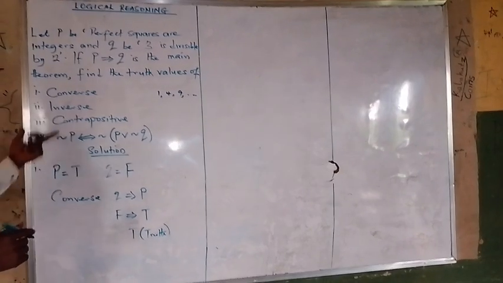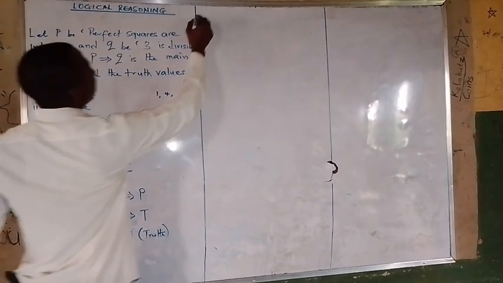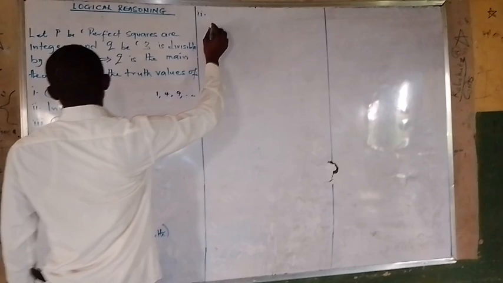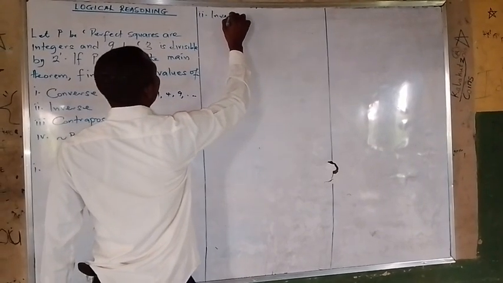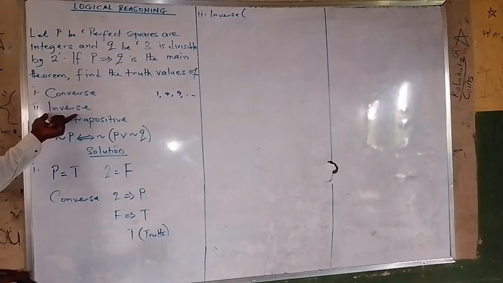Alright? So now we can move down to the second one, the inverse. What is the mathematical notation for the inverse?